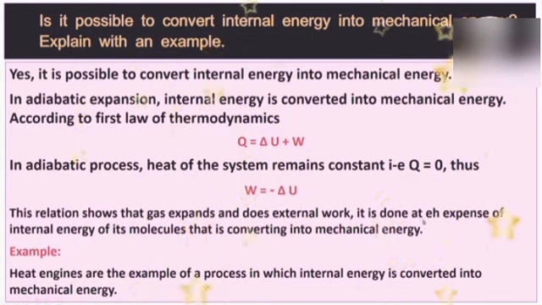It is done at the expense of the internal energy of its molecules, that is, converting into mechanical energy. Example: heat engines are an example of a process in which internal energy is converted into mechanical energy.